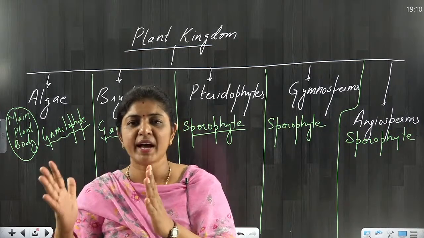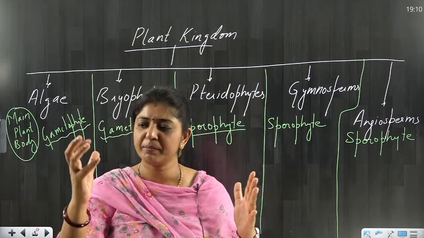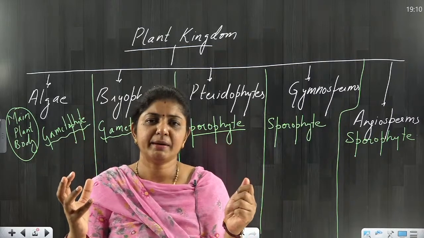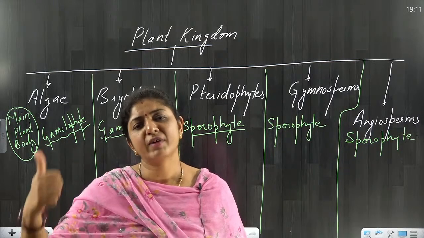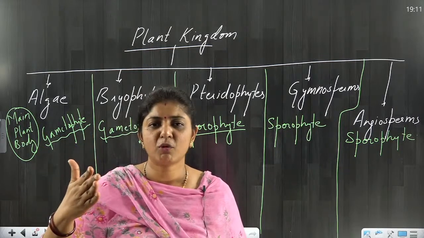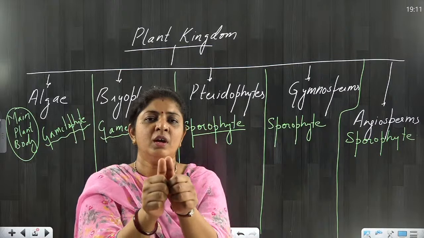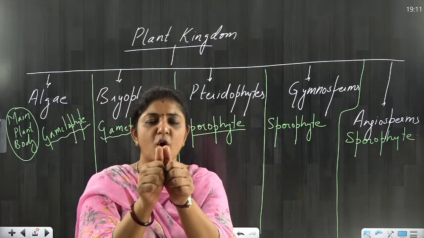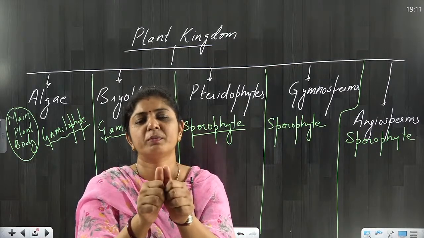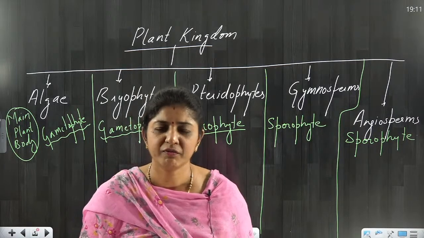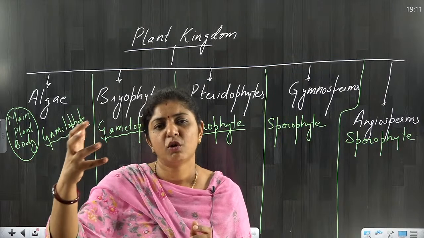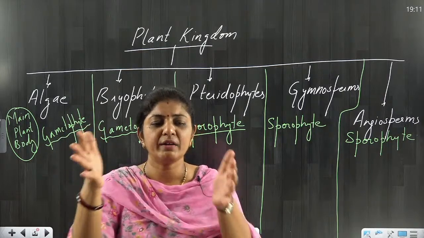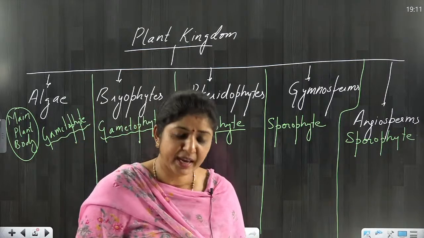If I take these 5 separate, this will be haploid, and this will be the next haploid, right? If you have every chromosome only one type, that will be haploid. If you have 2 of the same, homologous chromosomes, that will be diploid, fine. So the gametophyte has only one set of chromosomes, the sporophyte will have both, fine.